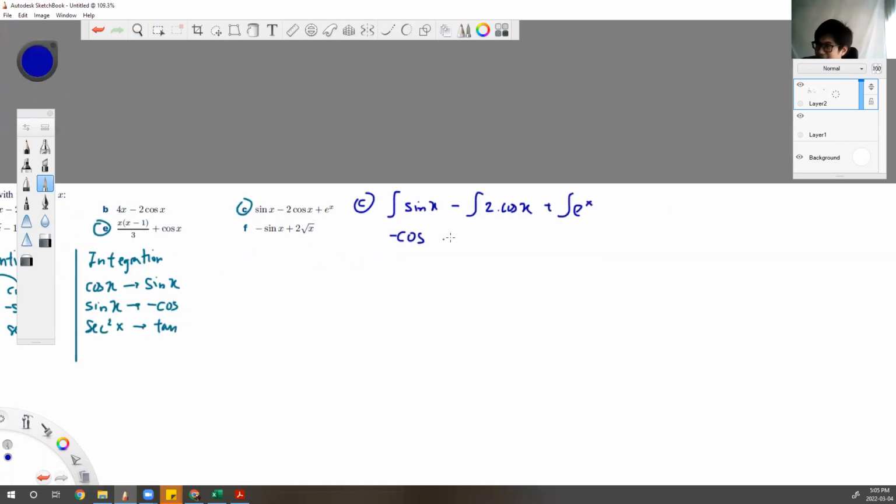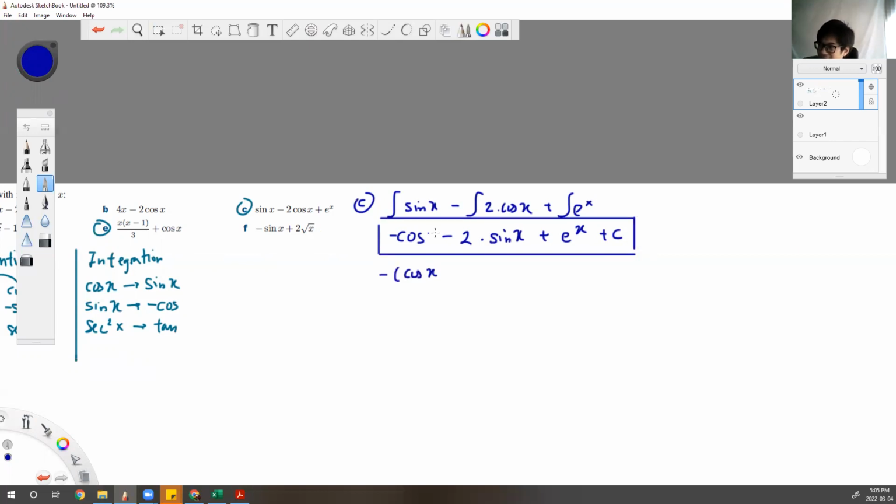Minus 2 cos becomes sine. E doesn't change anything. Don't forget to add plus c. So this will be the integration: negative cos x plus 2 sine x. I don't think we need to simplify. I think that's enough.